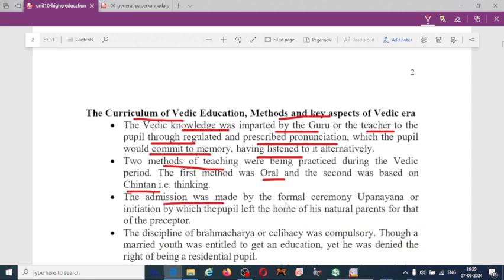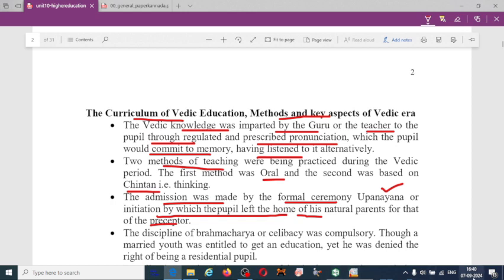Admission was made by a formal ceremony, just as in our schools, colleges or institutions we make admission right now. Earlier, admissions in those gurukulas or pathshalas were done by Upanayana or initiation, by which the pupil left the home of his natural parents for that of the preceptor.